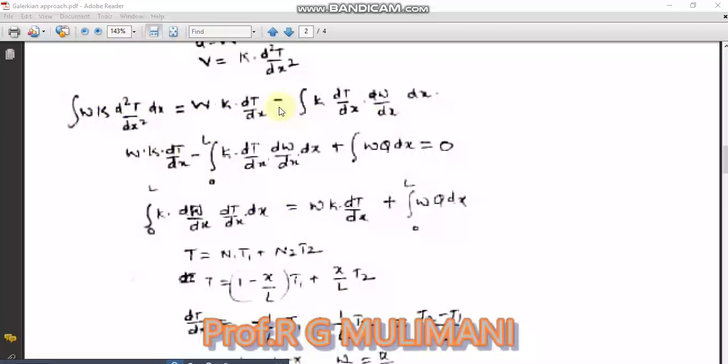Taking the minus to the other side, we have the integral of k dW by dx dT by dx dx equal to W k dT by dx plus the integral of W q dx.